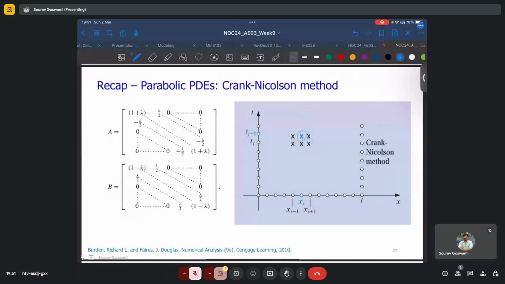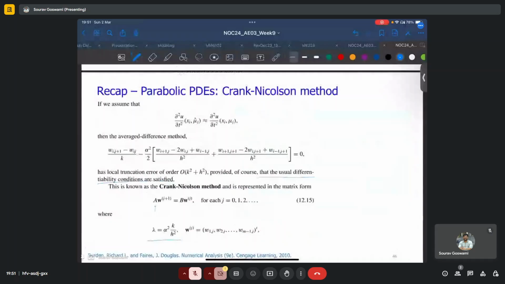So three neighboring points from the previous time step and the immediate left and right grid points from the same time. Then the matrices A and B are given here for ready reference.